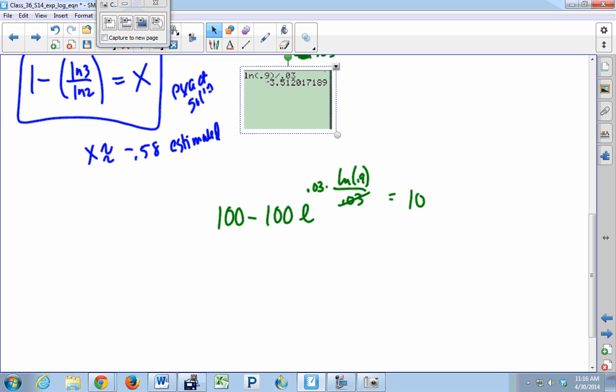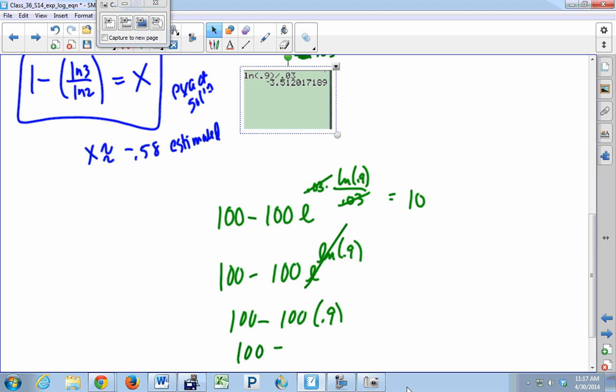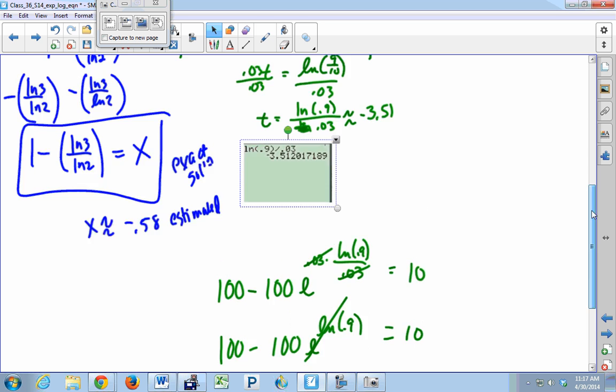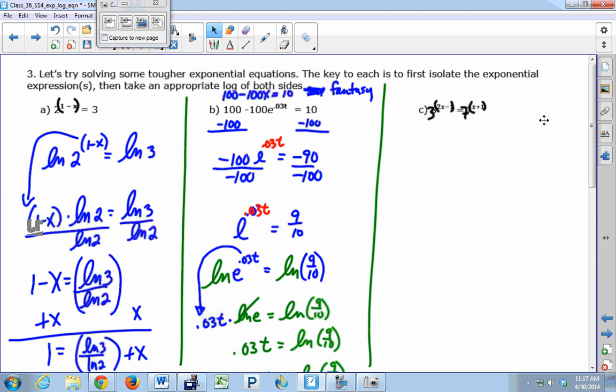Your 0.03s cancel. 100 minus 100 e to the natural log of 0.9. Guess what? This is your inverse property right here. This base is e, this base is e. That just cancels and you get 0.9. 100 minus 100 times 9/10 is 100 minus 90, which is 10. You could do it by hand. Okay. All right. Last one.